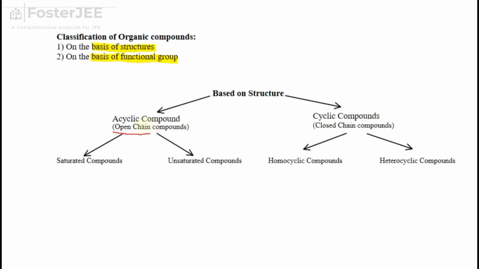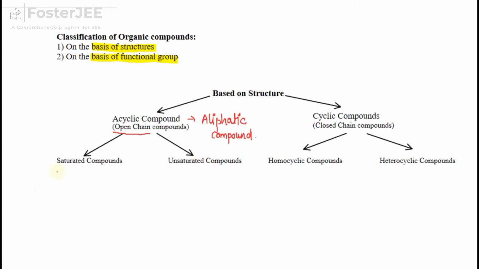The other name of acyclic compound is aliphatic compound. So, the acyclic compounds are the open chain compounds. They are subdivided into two categories, that is saturated compounds and unsaturated compounds.